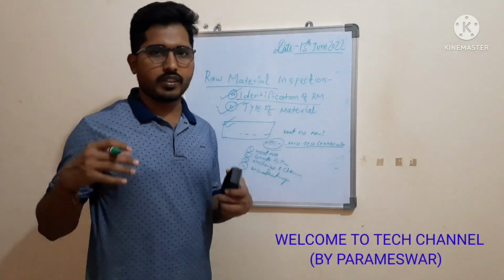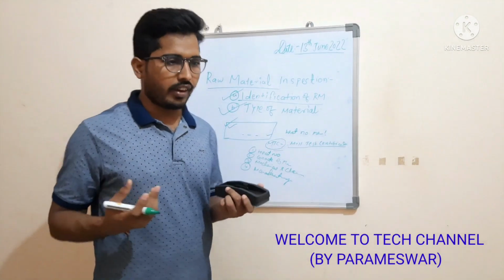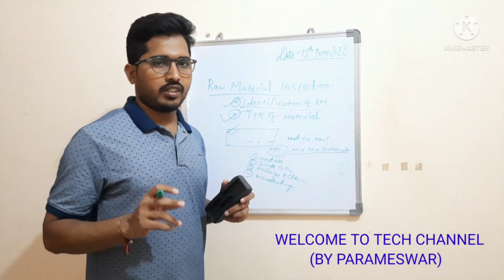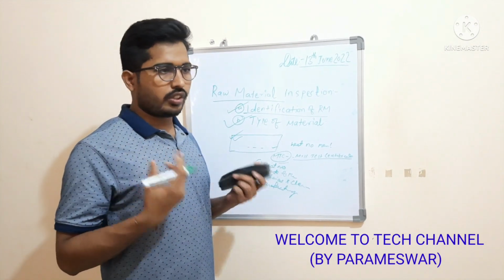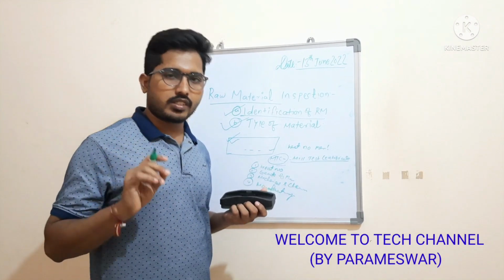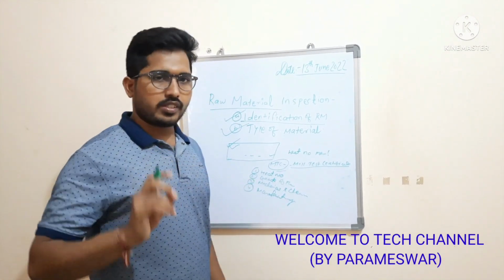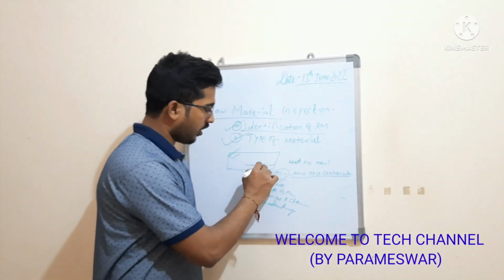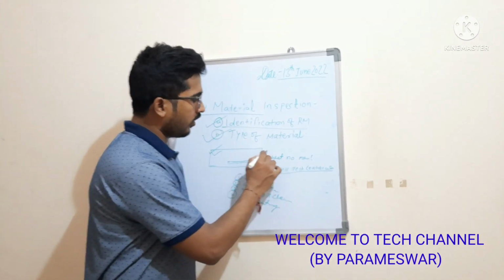So whenever you are inspecting a plate, the heat number is mentioned on the surface of that plate. Before going to check, you should inspect whether the heat number is mentioned or not. If it is mentioned, you have to correlate that heat number which is mentioned on the plate with MTC.